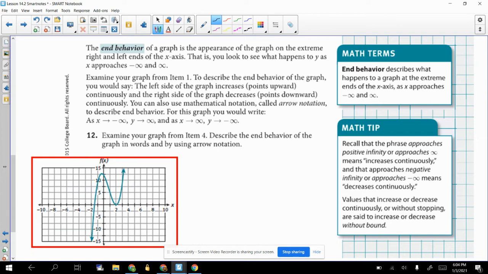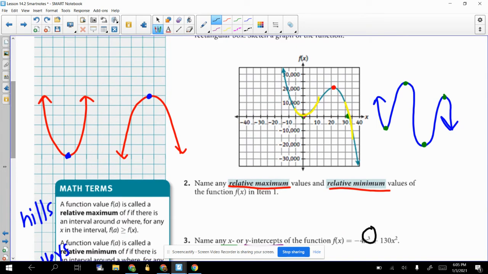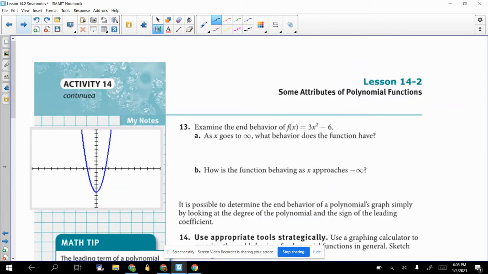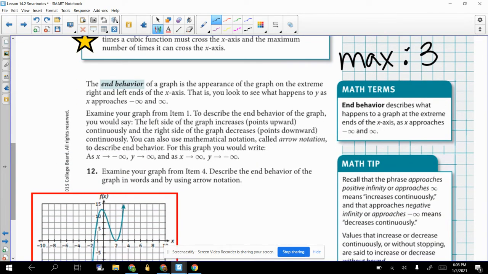So if we examine our graph from item 1, you guys can take a look at that. It's saying to describe the end behavior of the graph, you would say that the left side of the graph increases or points upward continuously, and the right side of the graph decreases or points downward continuously.